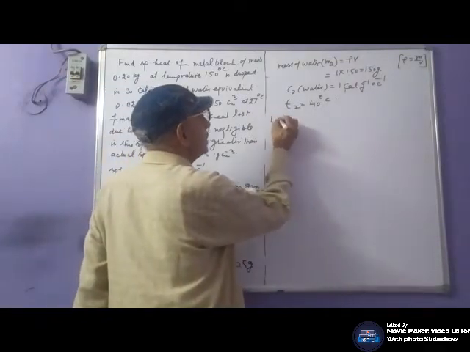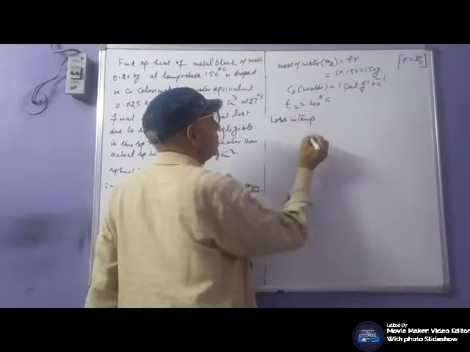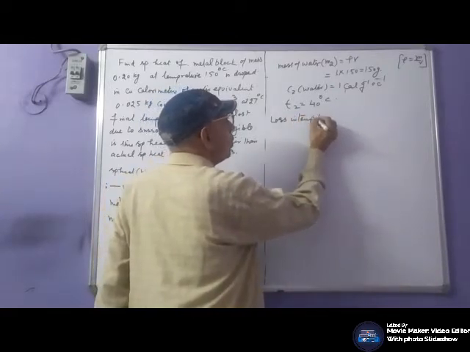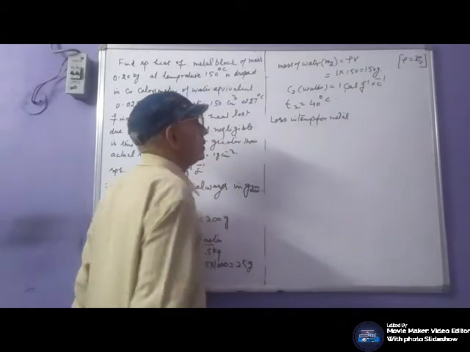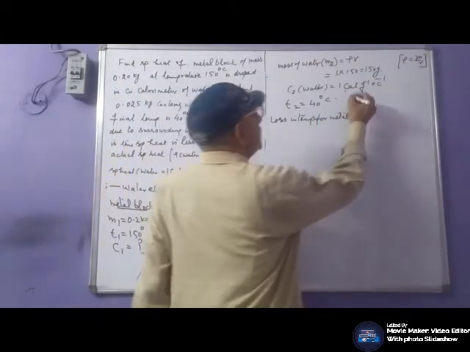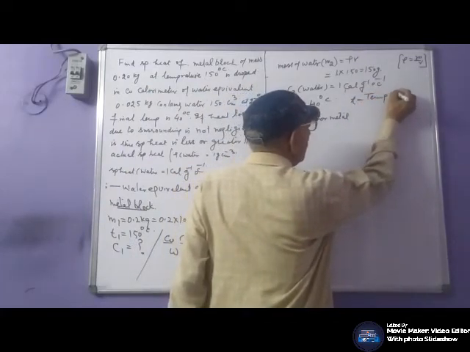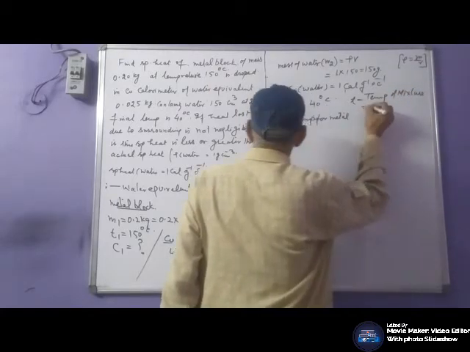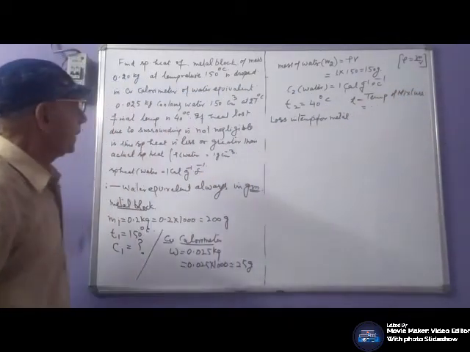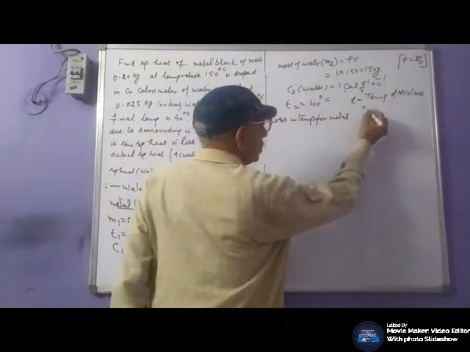Loss in temperature for the metal: T is the temperature of the mixture, the final temperature, which is 40.